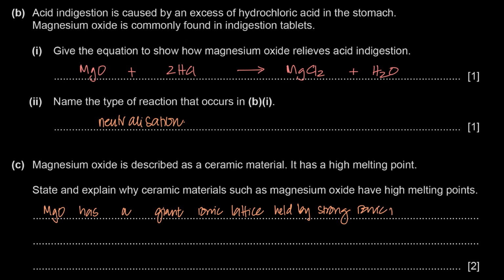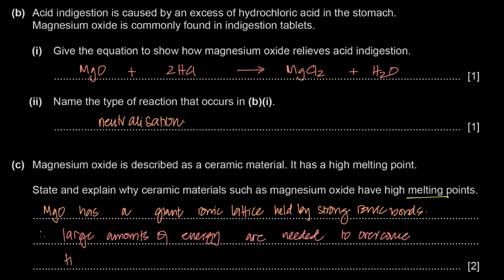strong ionic bonds. But why is the melting point high then? The next point is, therefore, large amounts of energy are needed to overcome these strong ionic bonds.